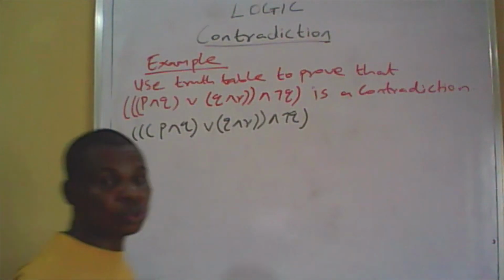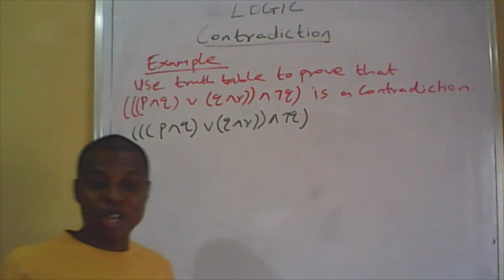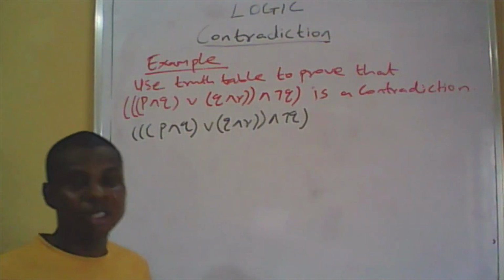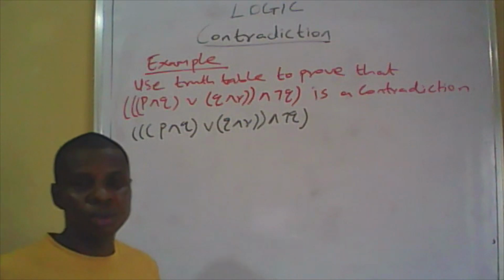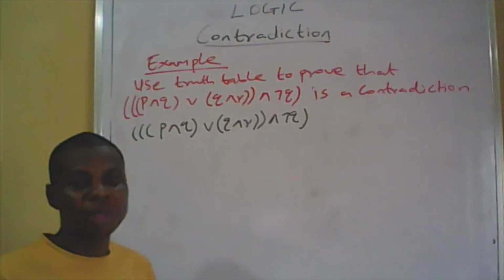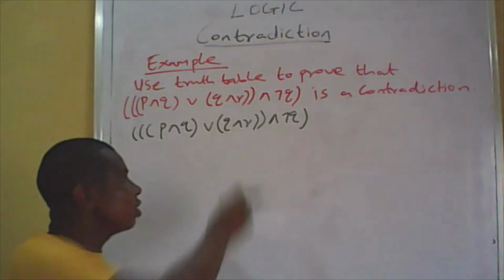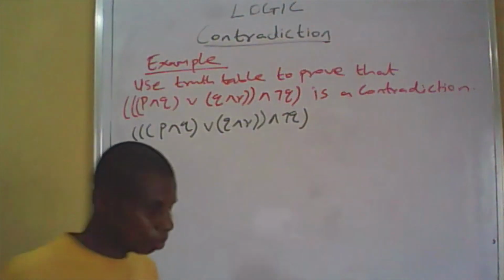We're going to use what we call the abbreviated truth table. We have learned how to use it, so we will make use of it to prove that this is a contradiction.